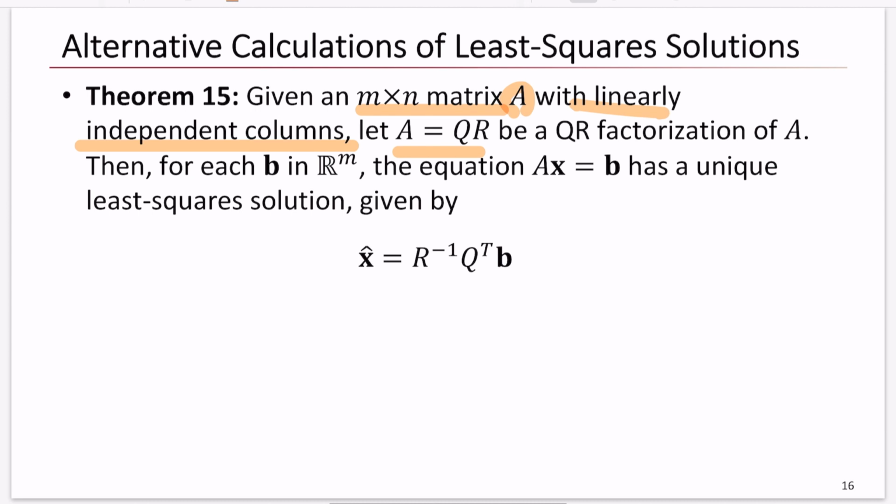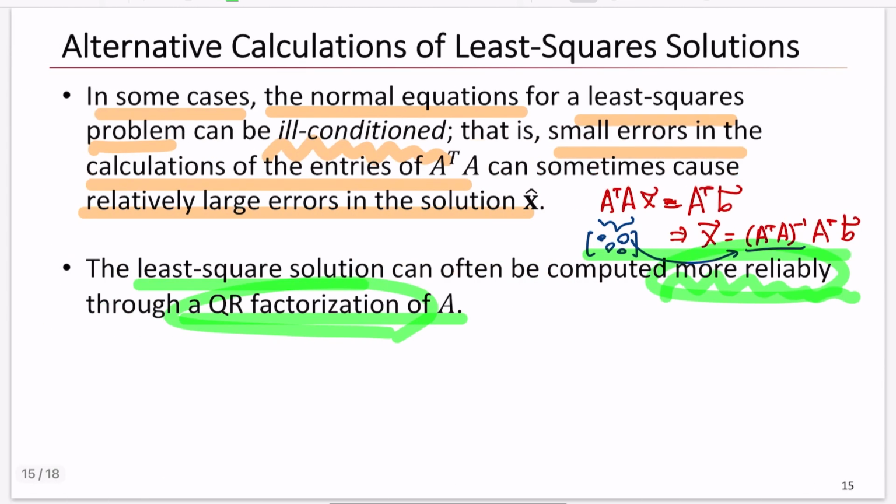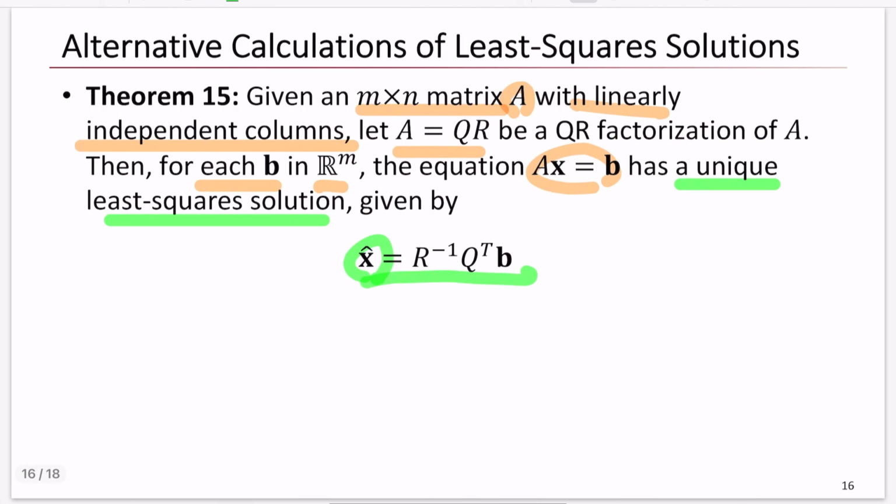Then let's say that b is in R^m space. Then Ax equals b has a unique least square solution given by x hat equal to R inverse Q transpose b, rather than the inverse of A transpose A times A transpose b. We can more reliably and simply represent the unique least square solution x hat as R inverse Q transpose b.